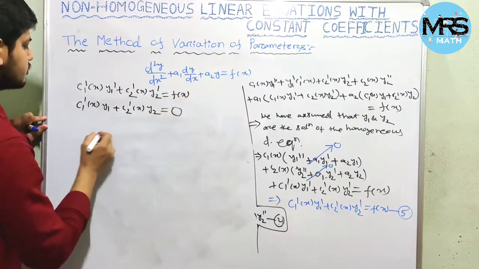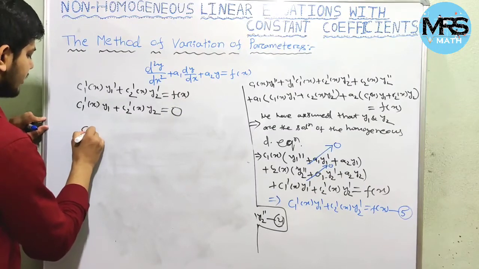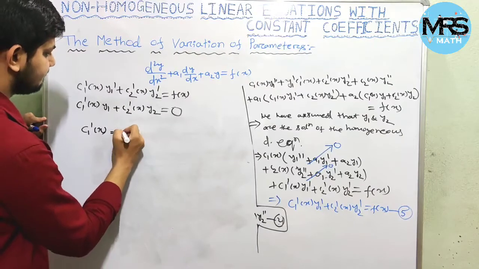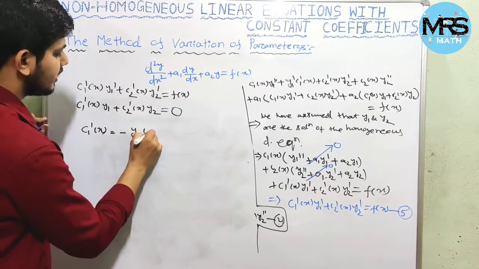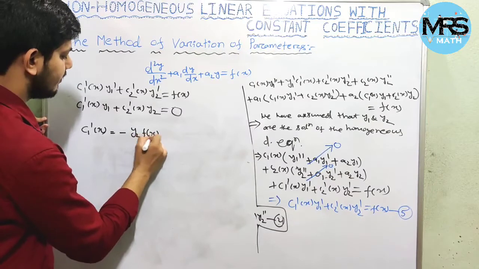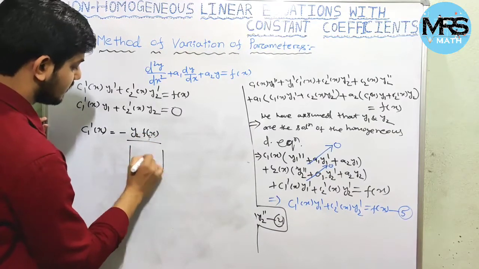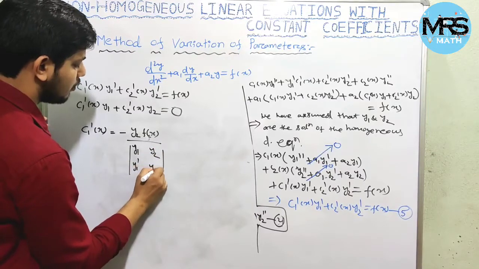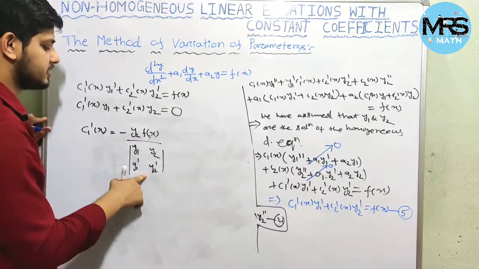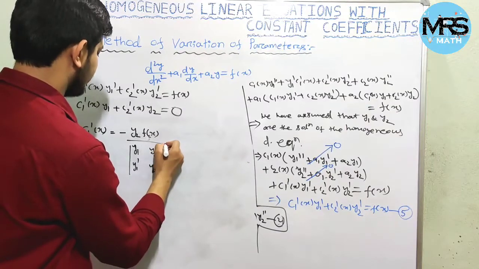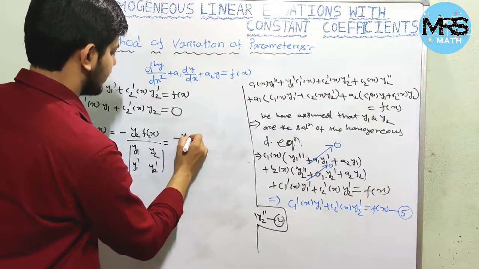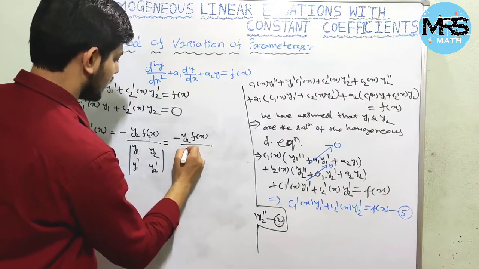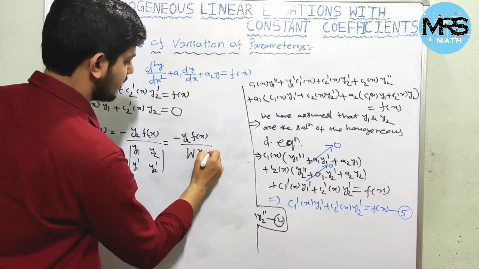So if we will solve these two equations, what we will get? We will get c1 dash x as minus of y2 into f of x by the determinant with rows y1 y2 and y1 dash y2 dash. So what is this? This is Wronskian of y1 and y2. So what we can write? y2 f of x by W of y1 y2.